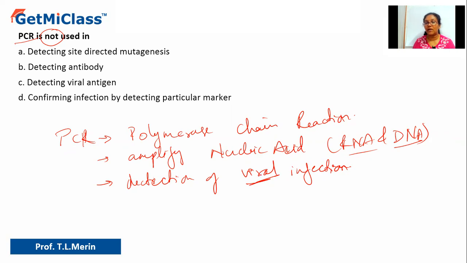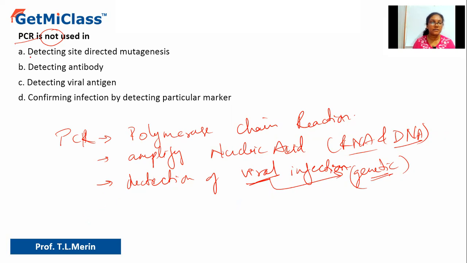How can we find out the viral infection? By looking for the genetic material. This genetic material can be amplified and then it can be concluded that yes, this virus has been responsible for this infection.